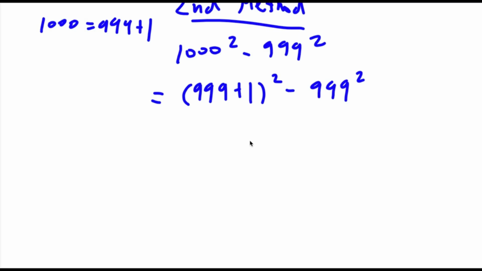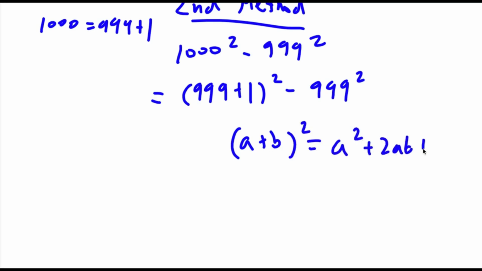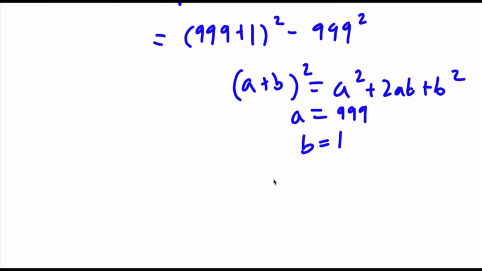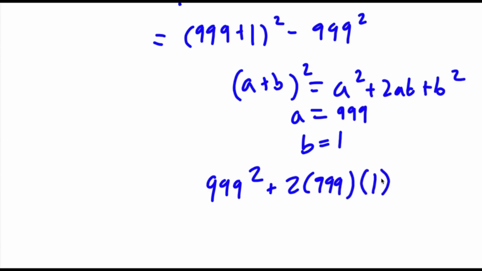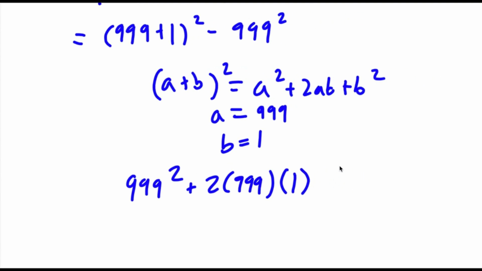Now, if I have something in the form a plus b squared, this is equal to a squared plus 2ab plus b squared. So in this case, a is equal to 999 and b is equal to 1. So this would be 999 squared plus 2 times 999 times 1 plus 1 squared.